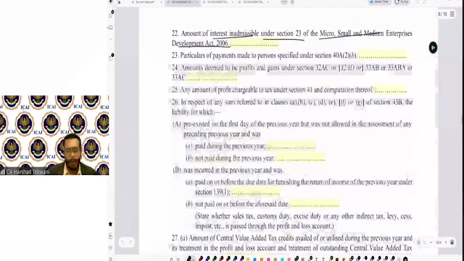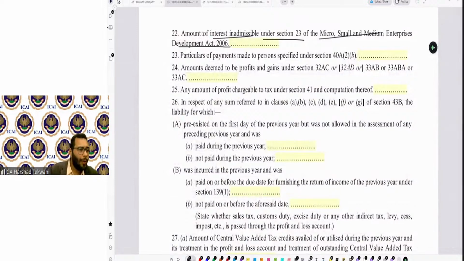That was clause 22. Clause 23 talks about particulars of payment made to persons specified under 40A(2)(b). Now, 40A(2)(b) is basically the power of the assessing officer to fix the quantum of disallowance. Under this clause, the particulars of payments made to persons covered under 40A(2)(b) are to be disclosed.